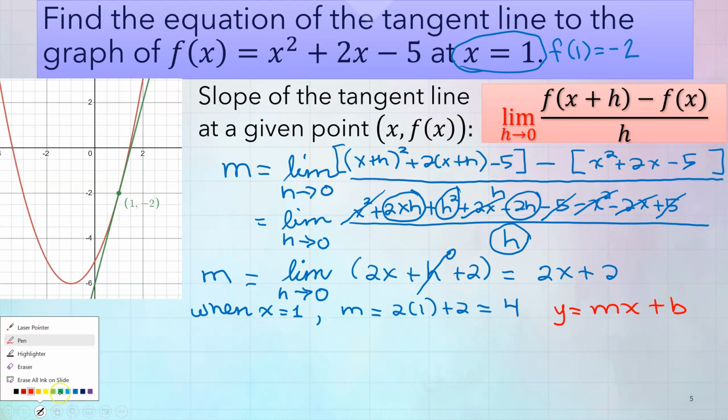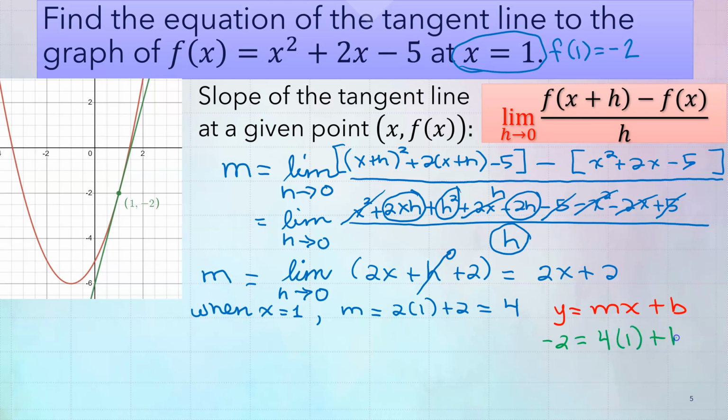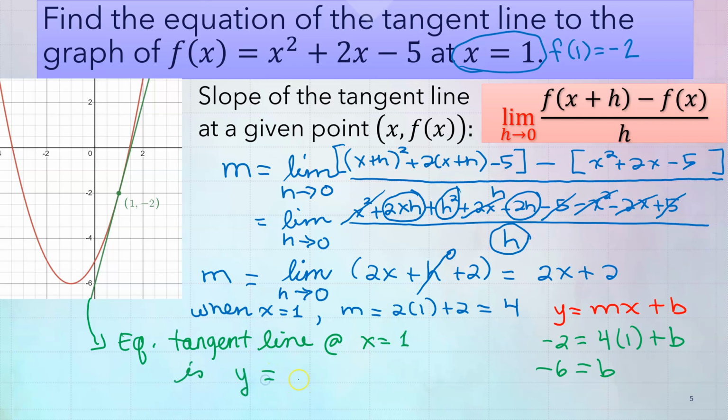And y is -2, which is that green point right there, is equal to the slope we just found, that is 4, times x, which is 1, plus b, so b must be -6. Therefore, the equation of this tangent line at x equal to 1 is y equal to 4x minus 6.